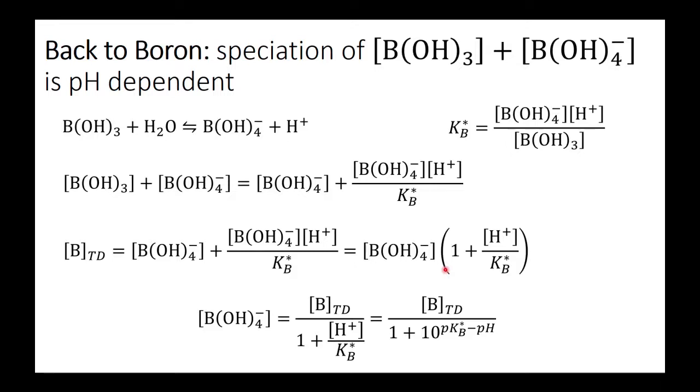And then I can rearrange that to give me the concentration of the borate ion as a function of the total concentration and the ratio of the hydrogen ion concentration to the equilibrium constant, which is there. Now this next bit of mathematical trickery is just related to the rules of logarithms. pH is minus log to the base 10 of the hydrogen ion concentration, and pKb is the same but for the equilibrium constant.